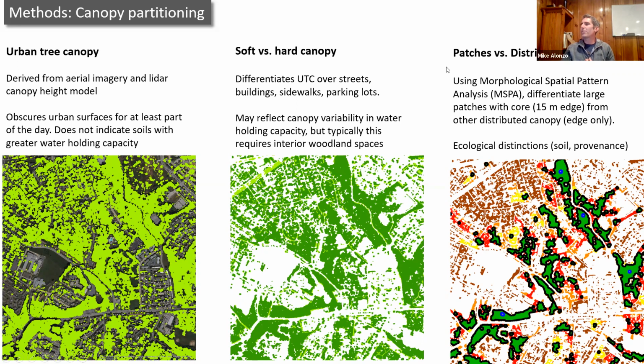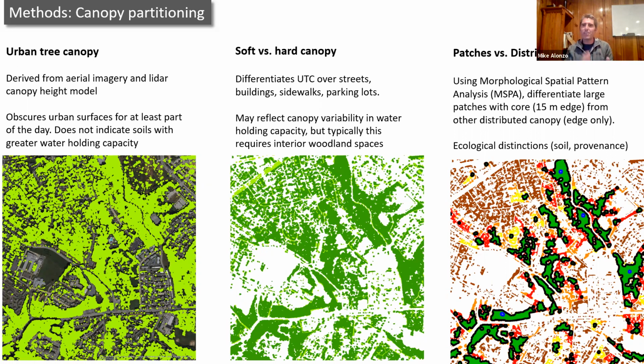And then patches versus distributed. This is Matt Baker's work from UMBC, who was also mentioned in last UEC, of doing some pattern analysis called morphological spatial pattern analysis to basically say, are you a clump of trees that has a core, meaning there's some more canopy even after you travel in 15 meters from the edge.